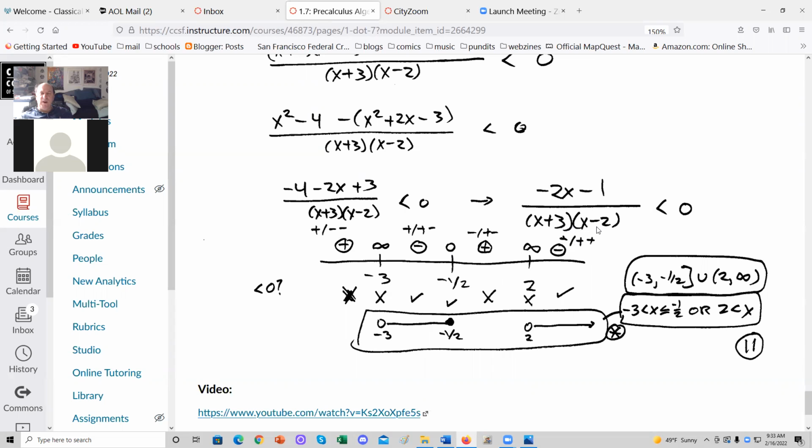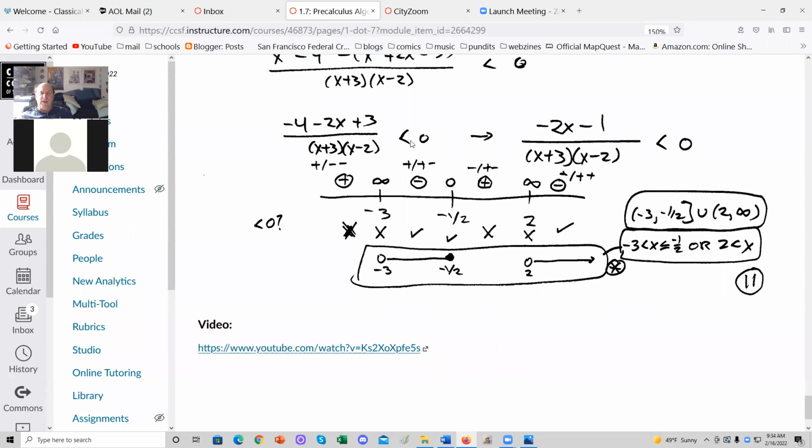The second factor here flips from plus to minus. So you get minus over plus times minus, which is plus. When you go through −1/2, this changes from minus to plus, so you get plus over plus times minus, which is minus. Going through −3, this flips sign. So from here to here, you get plus over minus times minus, which is plus.